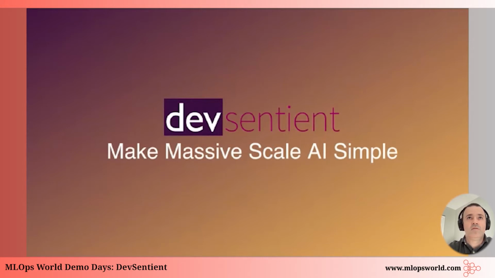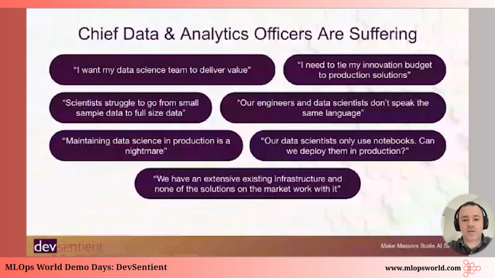But let me just open by looking at some of the pain points that led to the creation of Hyperplane. I don't think anyone in this event will disagree with the quotes that we have here on the slide.